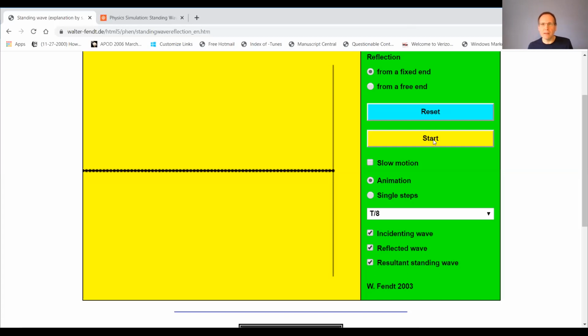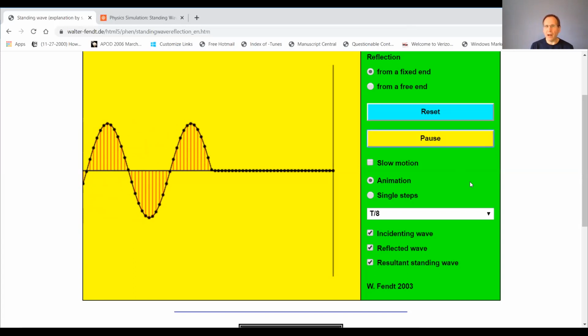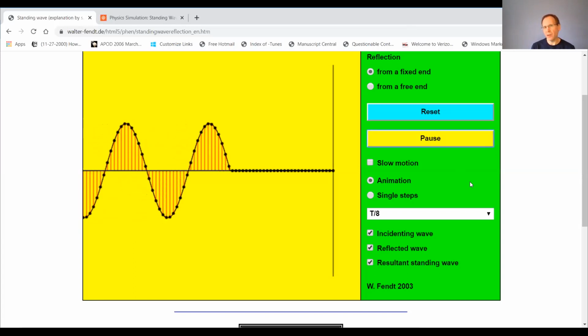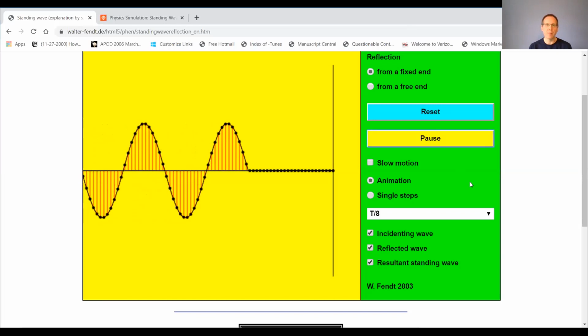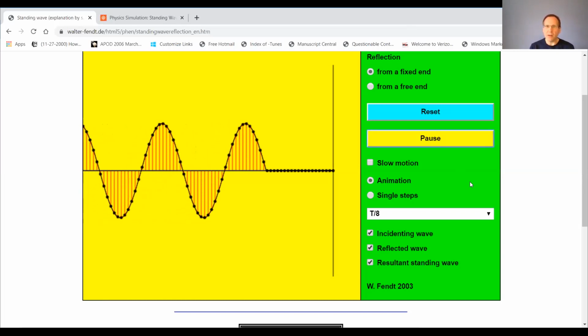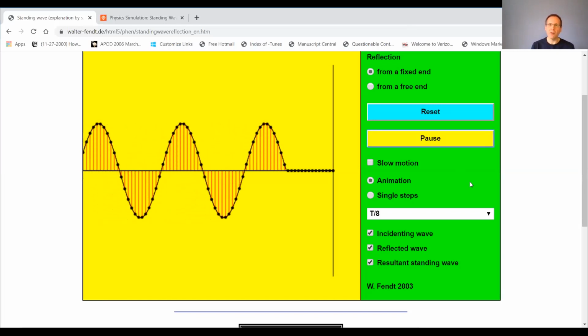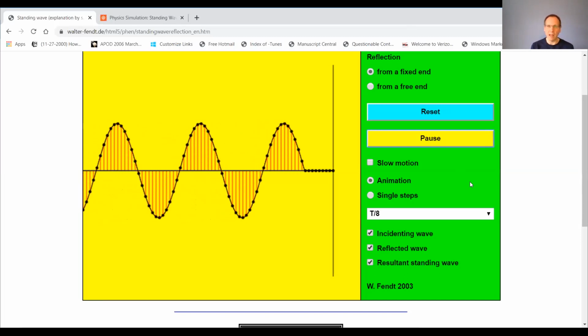Okay, so in this case, think of this as a wave on a string. I'll start this animation. You can see the red wave is the wave that's initially traveling to the right. Then when it hits the boundary, in our case a little pulley that we have on one side, it's going to invert and be reflected so that you have a reflected wave traveling to the left.